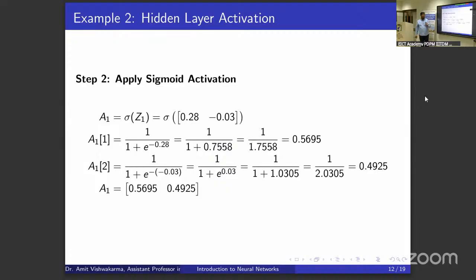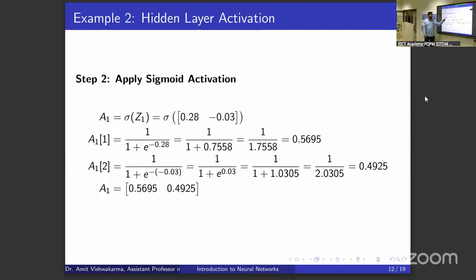Now we have to remember the formula: Z equals WX plus B. We only computed Z here. So we have to apply the sigmoid function also in this hidden layer. So A1 is the sigmoid function applied on Z1. Earlier, Z1 was a single value, correct?